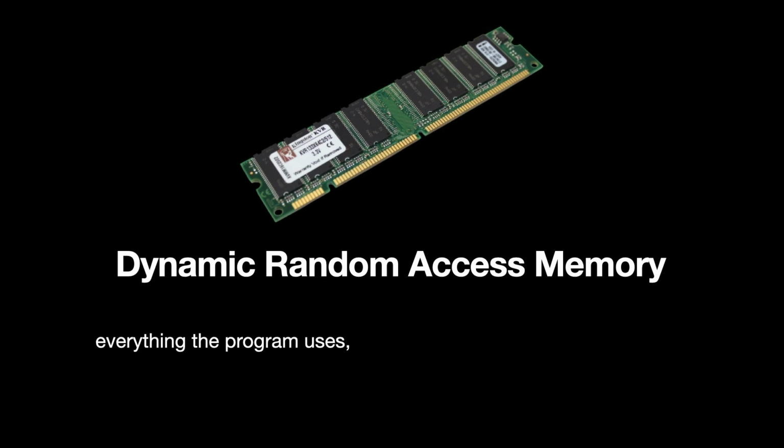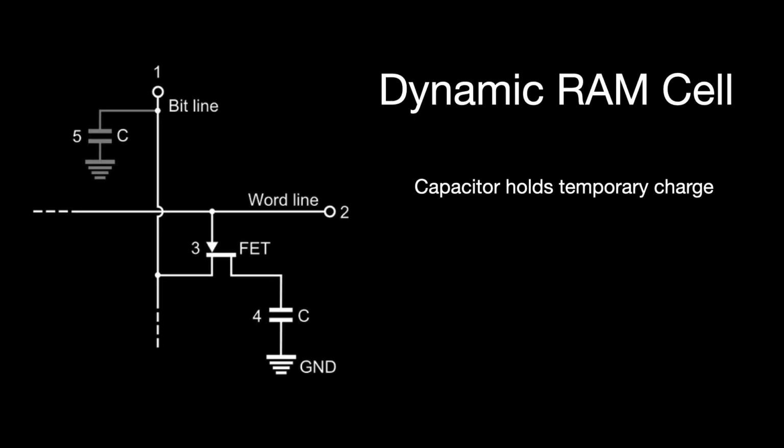Everything that the program uses, even the program itself, is stored here. Now, in a DRAM cell, the capacitor holds a temporary charge, but it needs to keep getting refreshed, otherwise your data is going to be lost. This makes it slower, but that's also how we get it to be so compact.